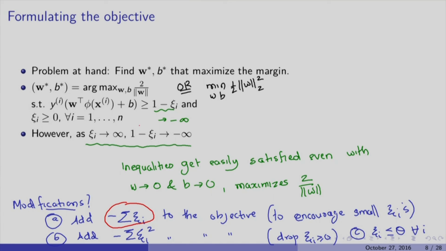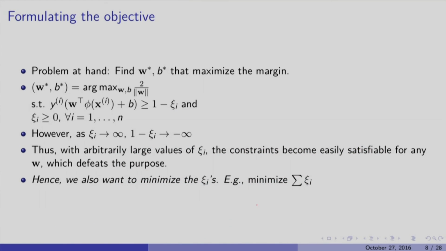While all these are possible, we will consider the first modification, and in fact we will add a trade-off C between the margin and the error. So we will minimize the summation of the xi i's. This amounts to minimizing the error. Of course, we want to minimize the error while maximizing the margin.